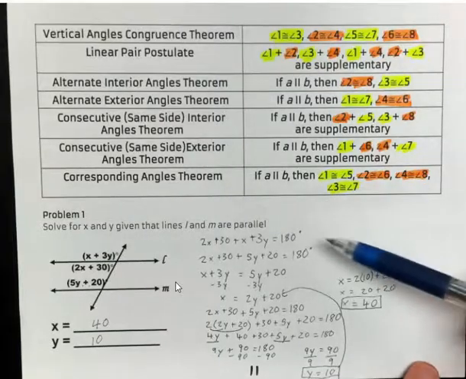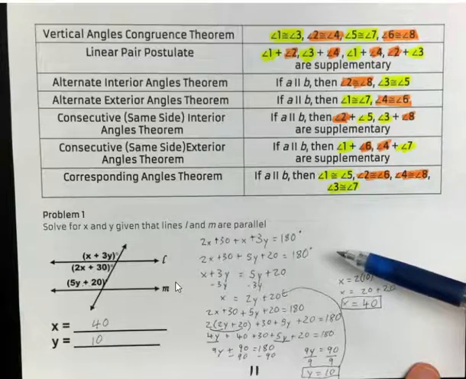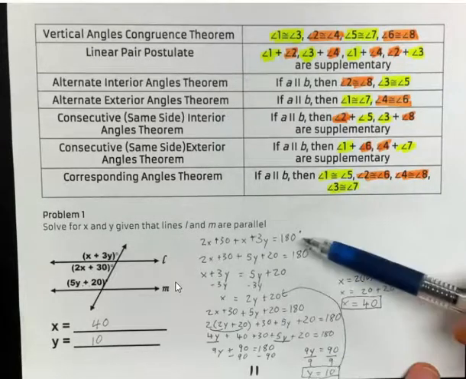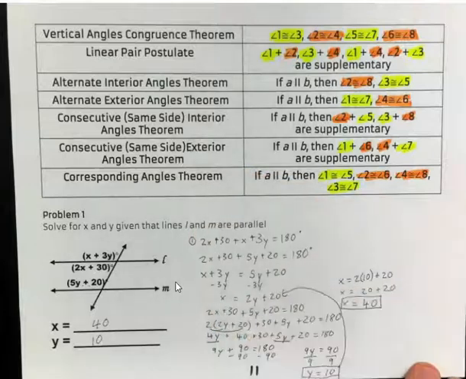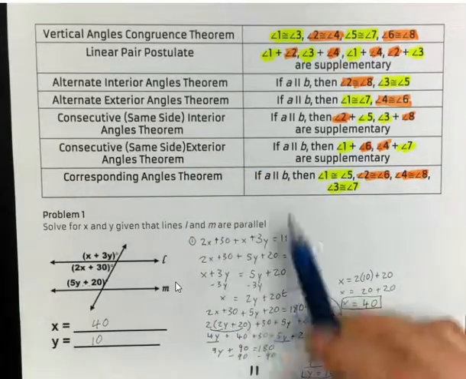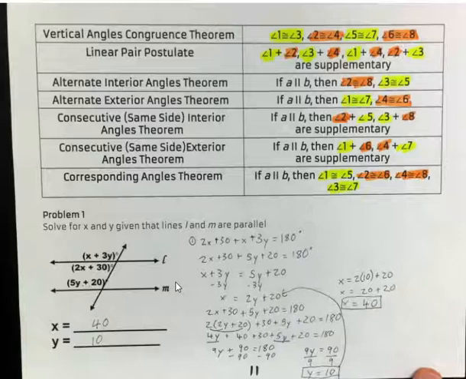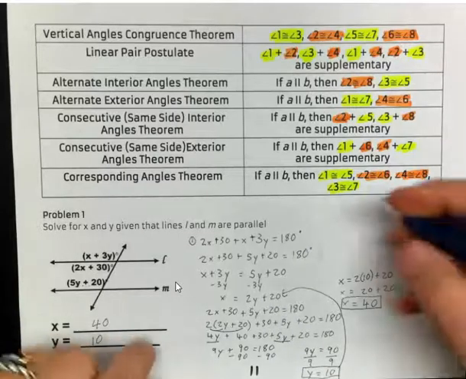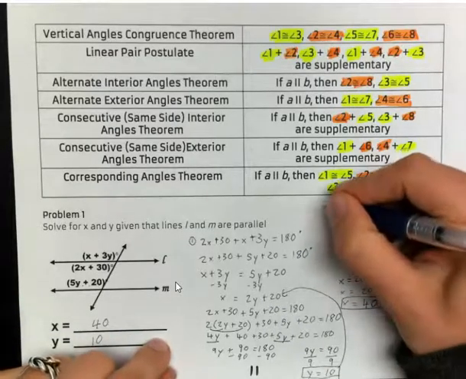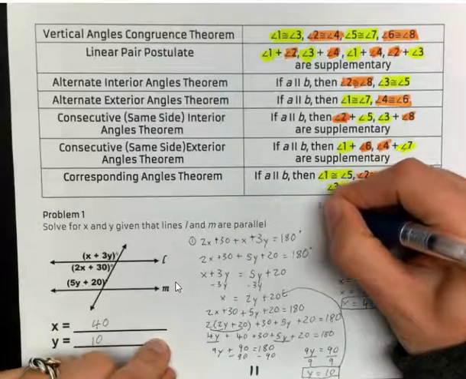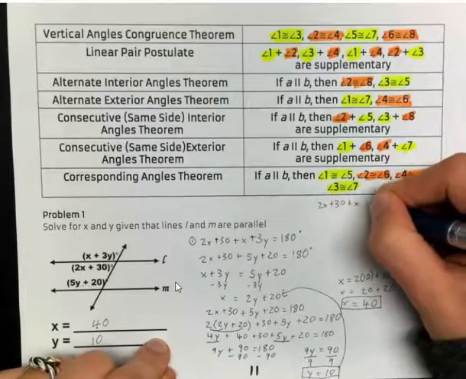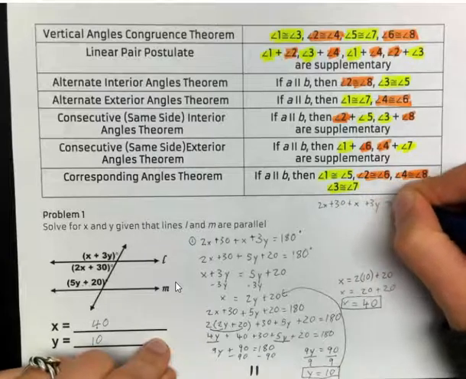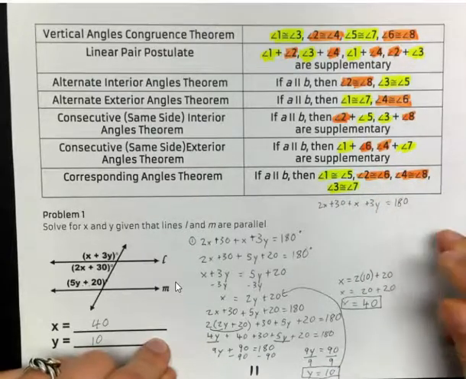If everything makes sense, then we got the right answer. So the one I'm going to use for this, I'm going to go ahead and use this first equation that we have, because I haven't used that equation during my solving process. So this one makes sense as a check equation. So I have 2x plus 30 plus x plus 3y equals 180.